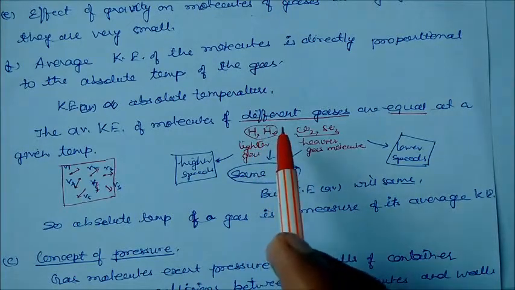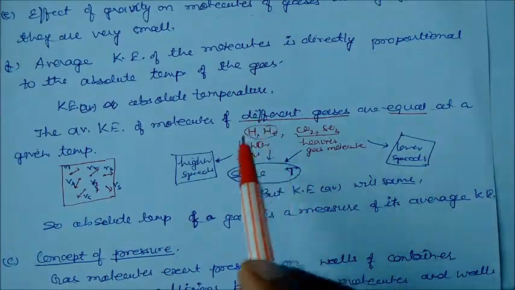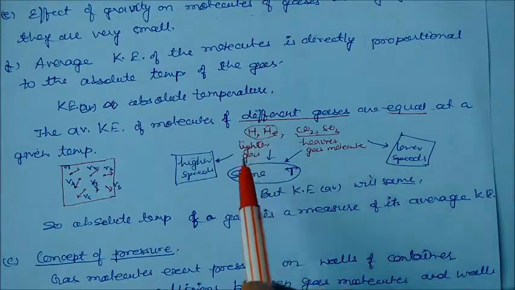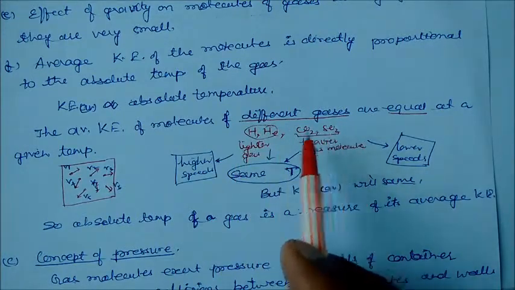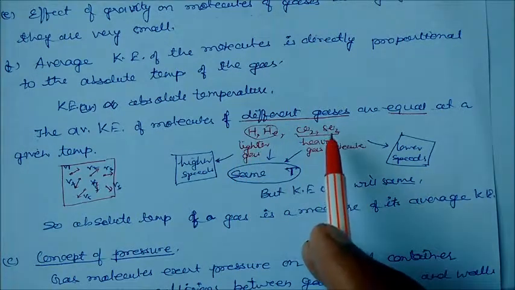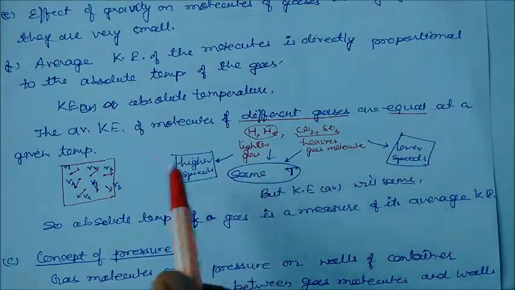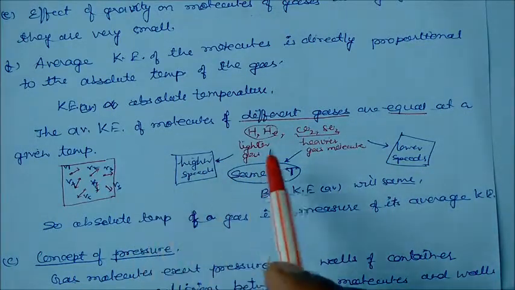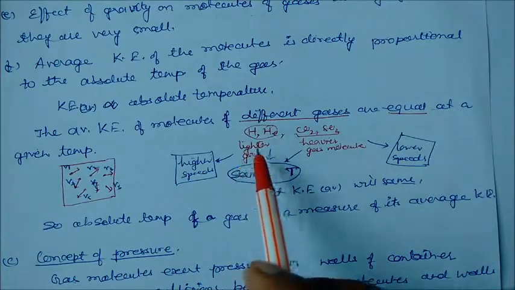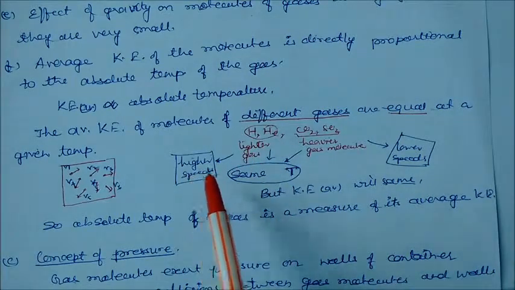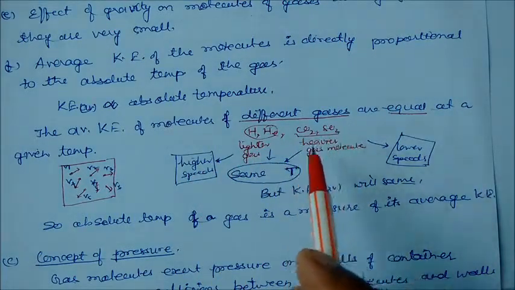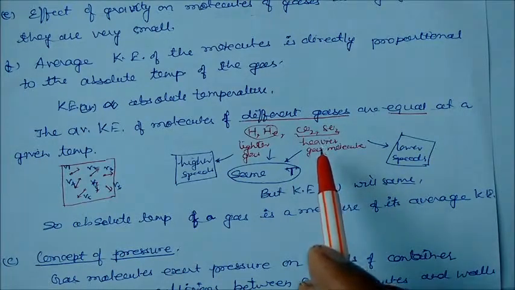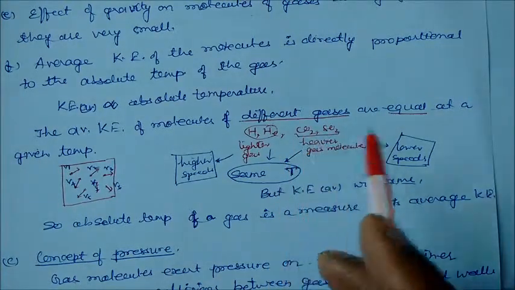If you take one container with four gases, hydrogen, helium, CO2 and SO2, the kinetic energy is the same, so the lighter gas molecules have a higher speed. But CO2 molecules are heavier gas molecules, and at the same temperature they will have a lower speed.